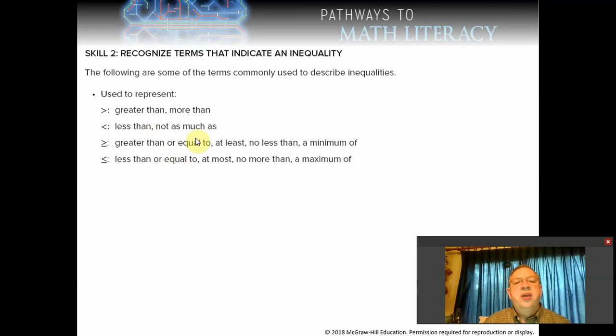So greater than or equal to 10, at least 10, no less than 10, a minimum of 10 would all be represented by this. Less than or equal to: x less than or equal to 10, at most 10, no more than 10, a maximum of 10.